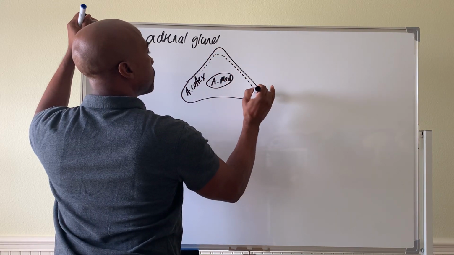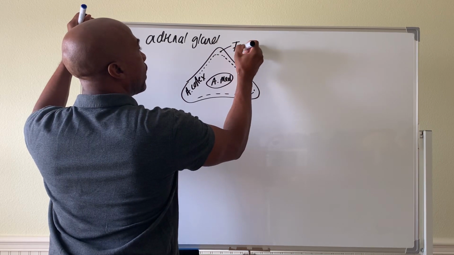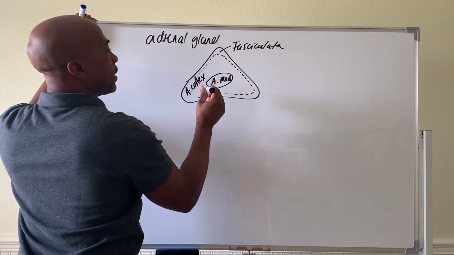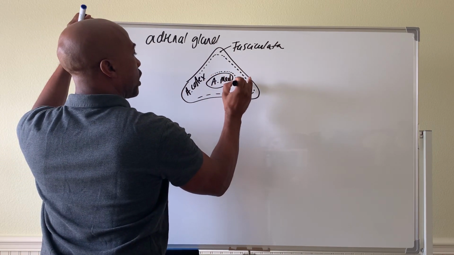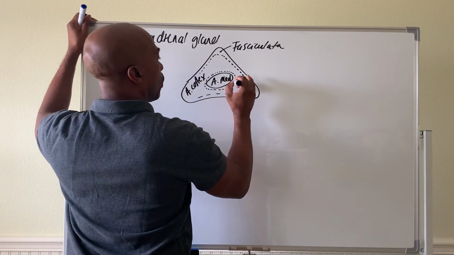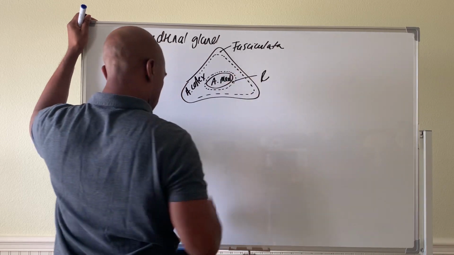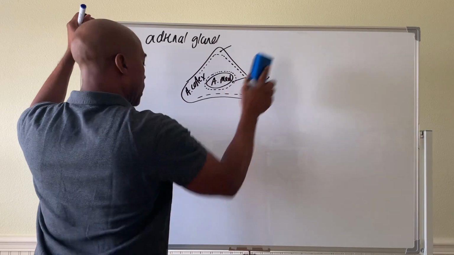Then there is a very inner zone, the innermost zone that wraps around the medulla, called your zona reticularis. Sorry, the top zone here is actually zona glomerulosa, not fasciculata.